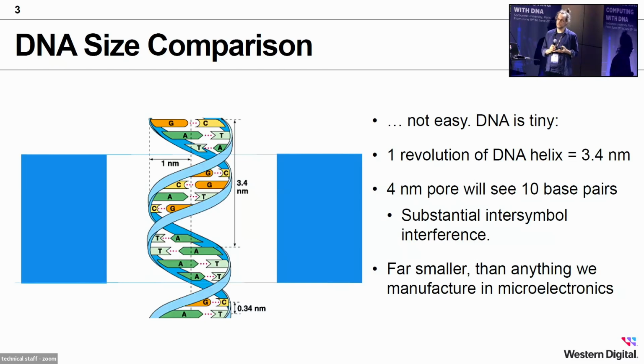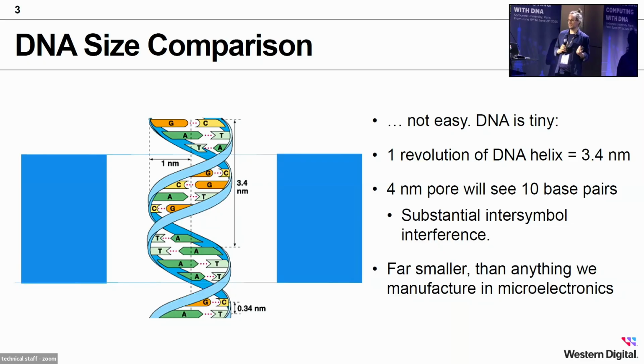You're always going to read out a convolution over everything that's in this pore. And that's what we call intersymbol interference, because all these symbols interfere with each other. And that's clearly, as we just saw in the last talk, one of the challenges of nanopore readout.